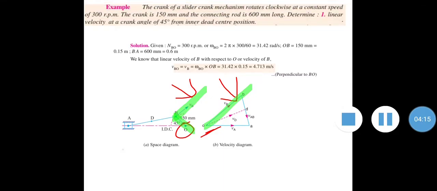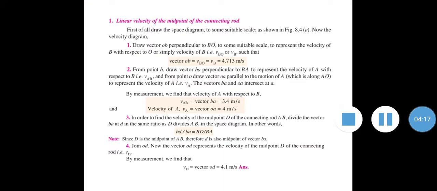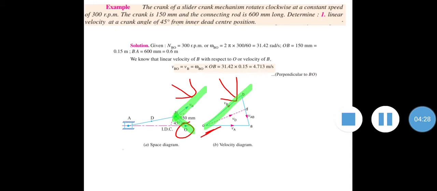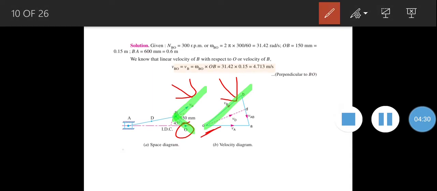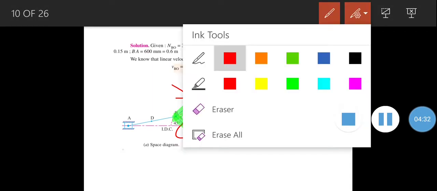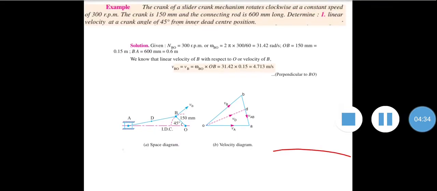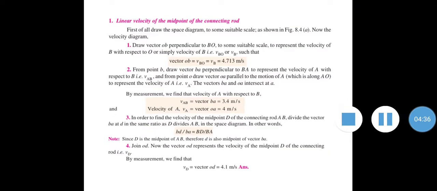When we draw that line, we take a suitable scale, and VB we have taken as 4.713. After drawing that, from point B we draw the vector BA.